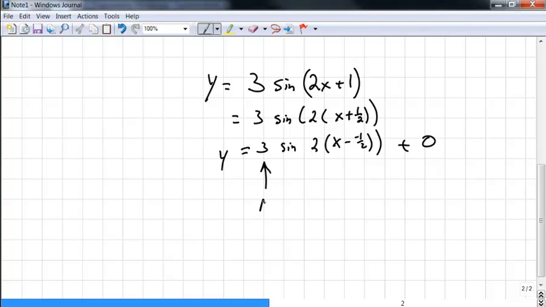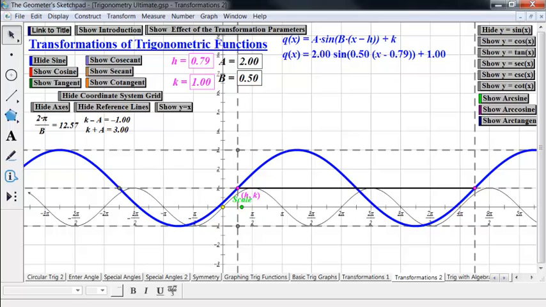So we see that a is 3, b is 2, h is negative 1/2, and k is 0. So we can plug those numbers in: 3, 2, negative 1/2, and 0. And so I can put those in.